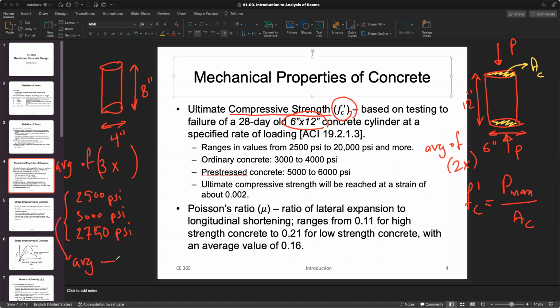Make the average, just add them and divide over 3, and it would be 2,750 psi. This would be the F prime C of that concrete.